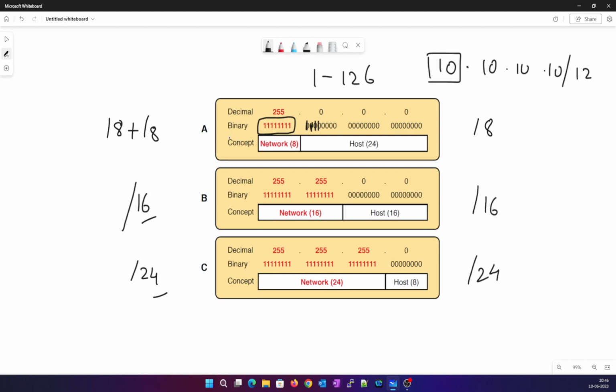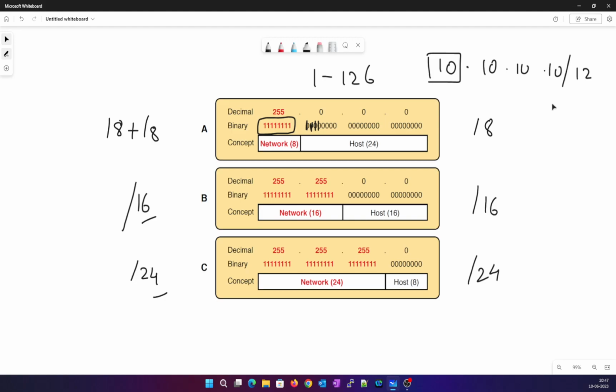And thus, instead of calling this a classful IP address, I call it a classless IP address. Now, how does a computing device see this classful or classless IP address? The computing device is not bothered about the IP address value 10.10.10.10.